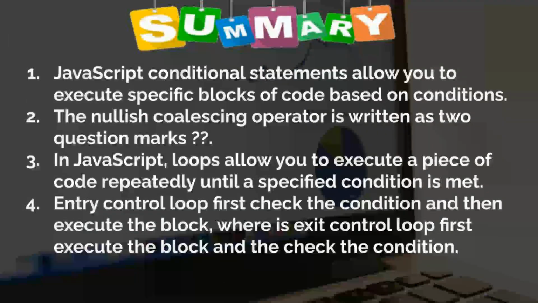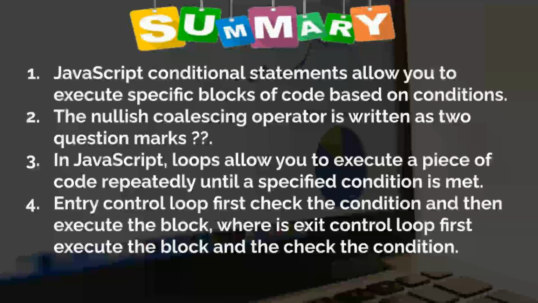We come towards the end of the video. Here are some important points related to the topics we have discussed in this video. JavaScript conditional statements allow you to execute a specific block of code on the basis of a condition. Nullish operator is written with 2 question marks.